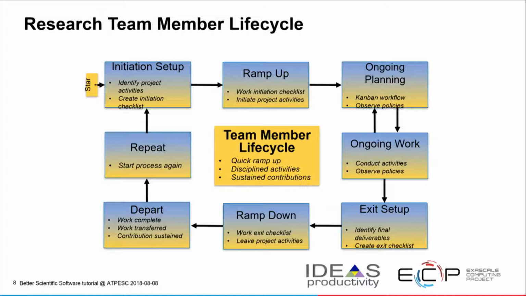And hopefully by the time they're out, all the work that they specifically needed to do is completed or has been transferred, and people have figured out how you're going to sustain the code contributions and other things that they had for the project. And then somebody else comes in and the whole thing starts over again, right? So does this model sound familiar to people? You've probably seen some of this before, hopefully. Anybody who thinks this is bogus, doesn't happen this way? Okay.